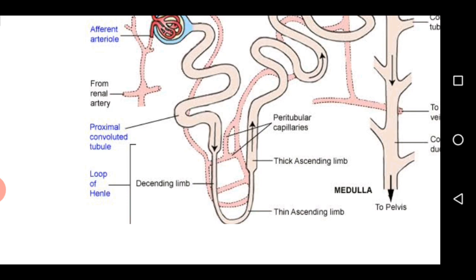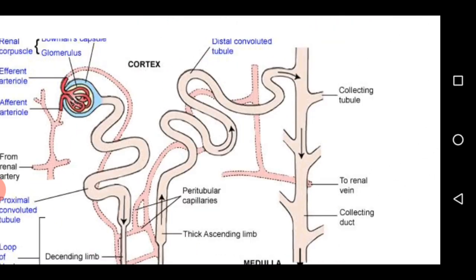Then it moves further to form the distal convoluted tubule. That is another coiled area, the distal convoluted tubule. Then the distal convoluted tubule joins the connecting tubule, which connects all the urine that has been collected by the urinary tubule.